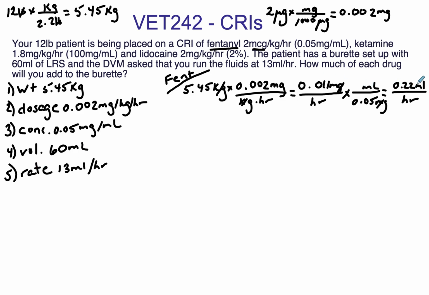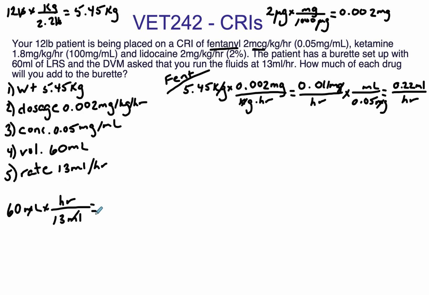So remember what this means. If we were running that burette for 1 hour, we would be putting in 0.22 mils, but we're not. So we need to figure out how long that 60 mil volume is going to last at a rate of 13 mils per hour. I'm going to do that calculation down here, since it's going to apply to all 3. 13 mils per hour, so I know that I'm dividing 60 by 13.